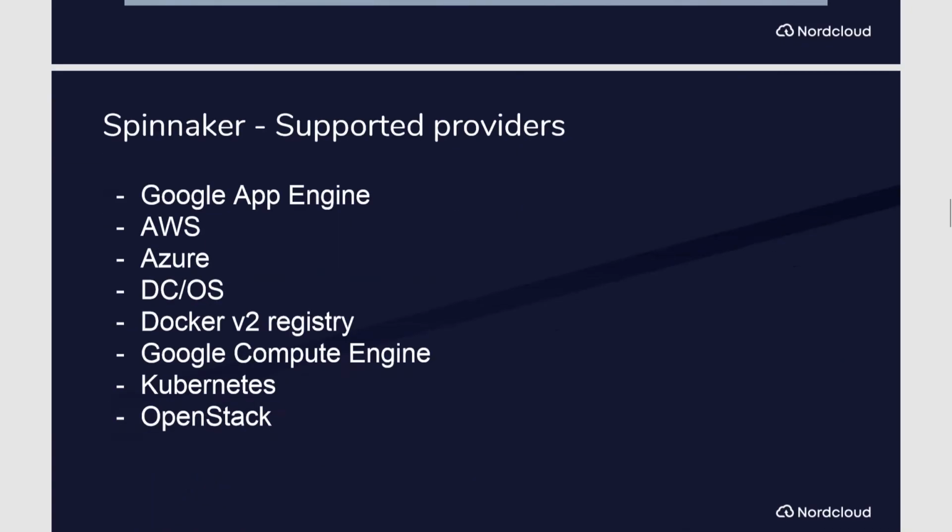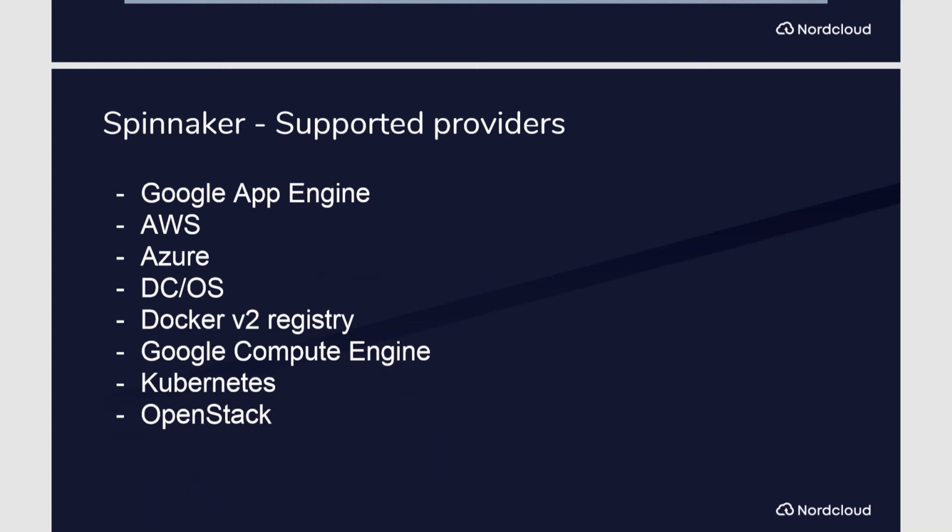So here is a list of the supported providers. This list is quite extensive, I would say. All the major hyperscale public clouds are supported, and also if you are running OpenStack on premise, it's supported as well, and Kubernetes.